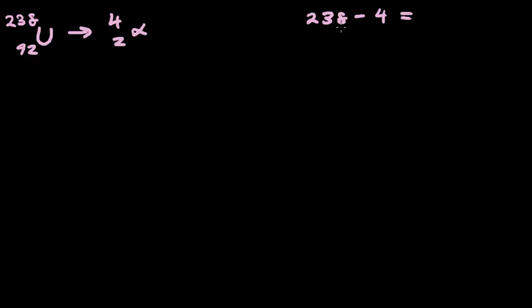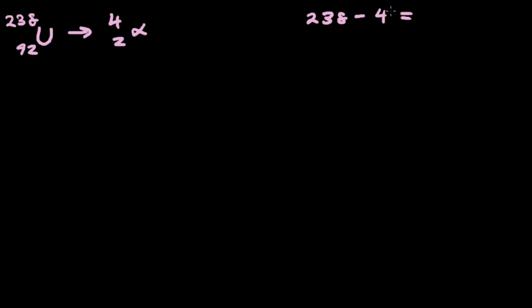Let's say we have uranium-238, and let's say it undergoes an alpha decay. So first step is we write our emission particle first, and then we subtract. And what we mean by that is we need to make sure that mass is conserved. So we say 238 minus 4, because you can think about it like you originally had a mass of 238 and you're forming 2 things.